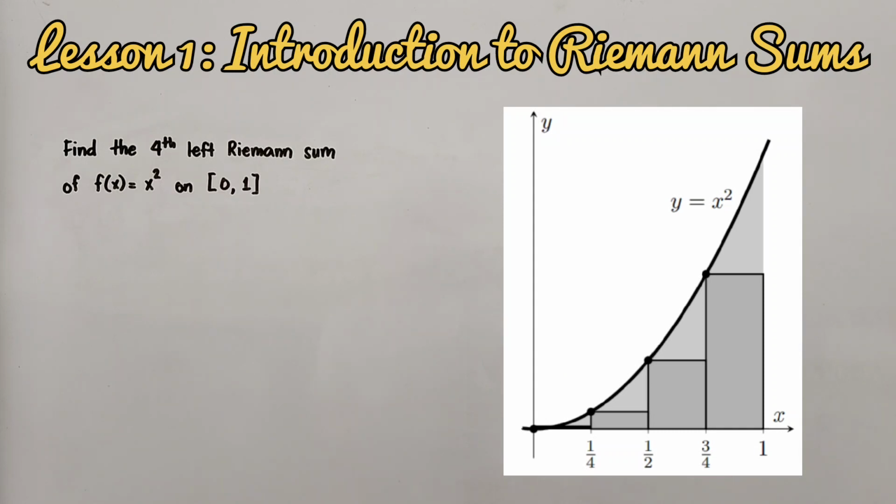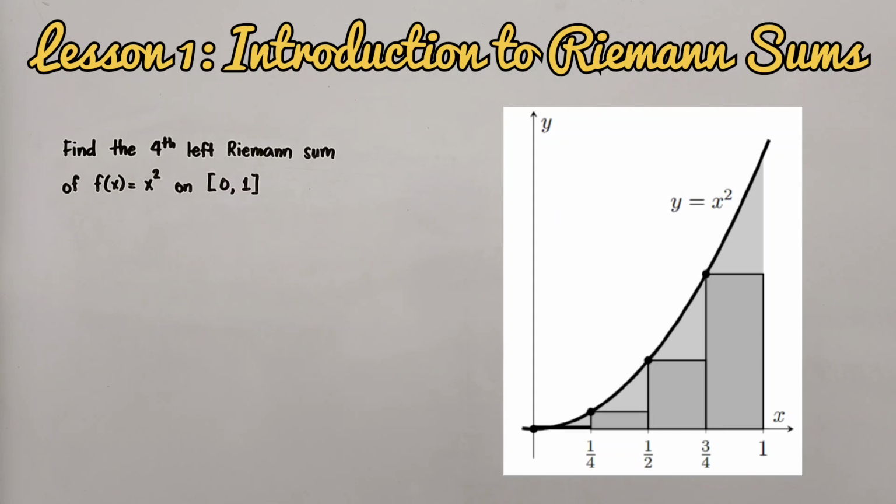Take note that x sub 0 is the origin, x sub 1 is 1/4, x sub 2 is 1/2, x sub 3 is 3/4, and x sub 4 is positive 1. For the first rectangle, the left endpoint is 0, and for the fourth rectangle, the left endpoint is 3/4. Earlier, we got the value of the step size, which is 1/4.